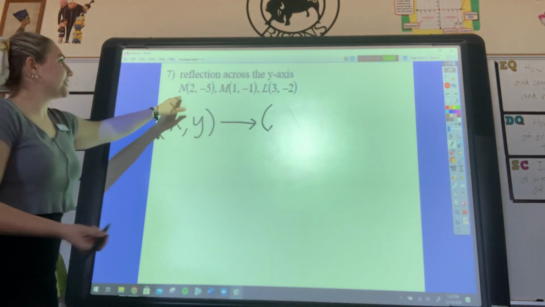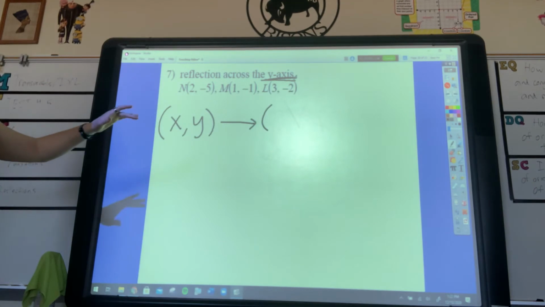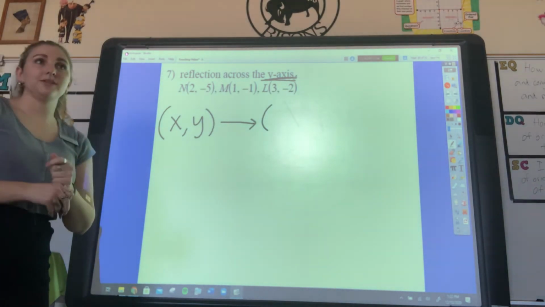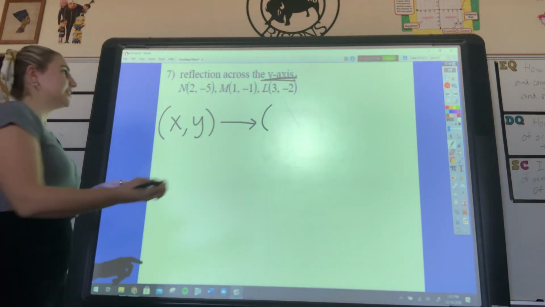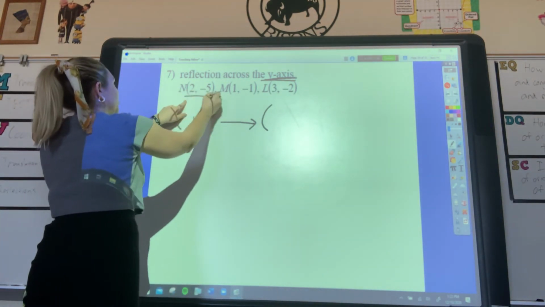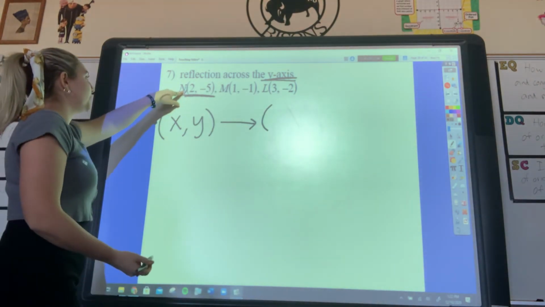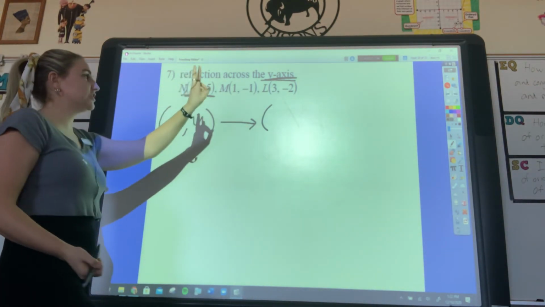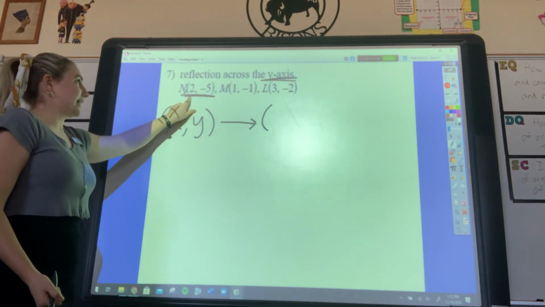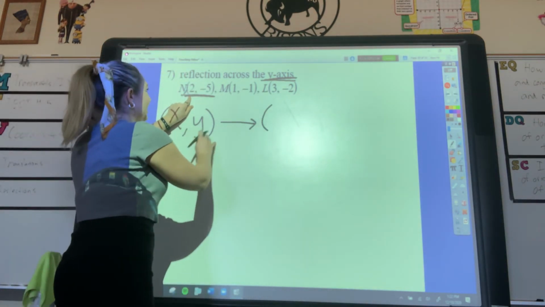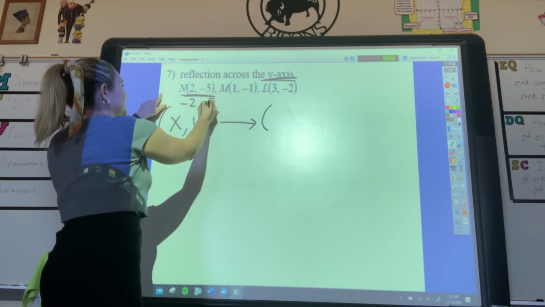And with reflections across the y-axis, you're actually going to be changing your x value. So if we have this original n, in order to make this n prime, we have to change the sign of our x value. So this will become -2, and the y stays the same.